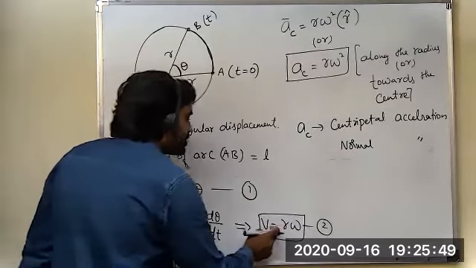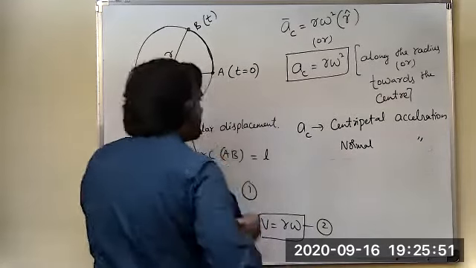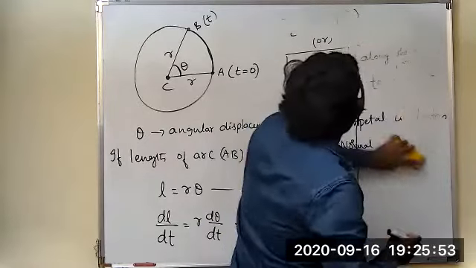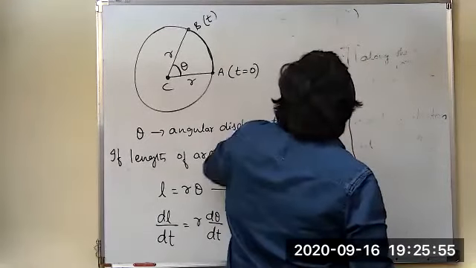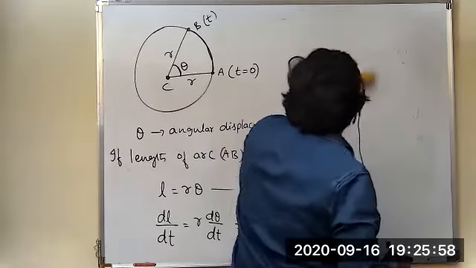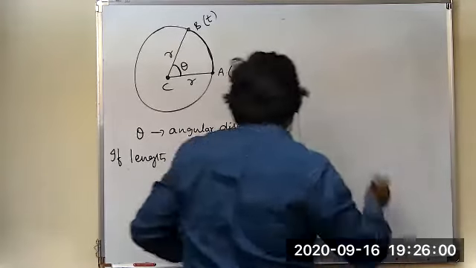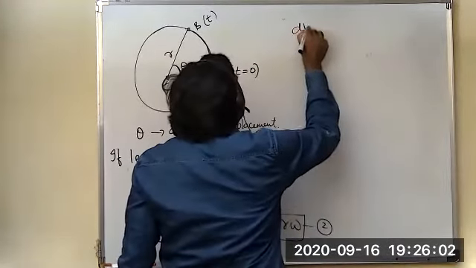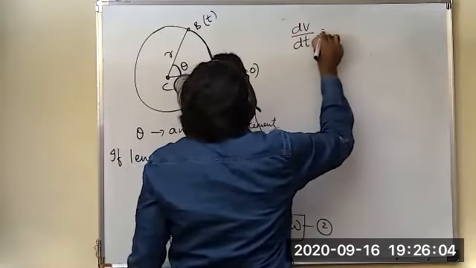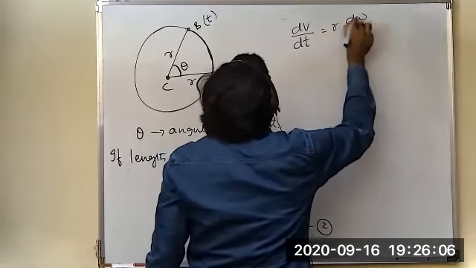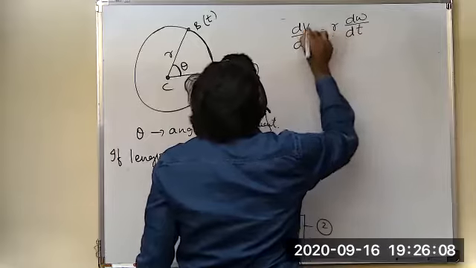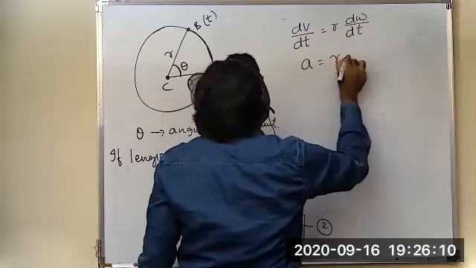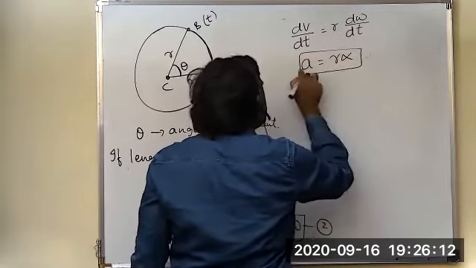Now if you differentiate it further, students, V is equal to R omega, no? If you differentiate this further, then you get dV by dt is equal to R into d omega by dt. d omega by dt is angular acceleration. So a is equal to R alpha, and it is said to be what, students?